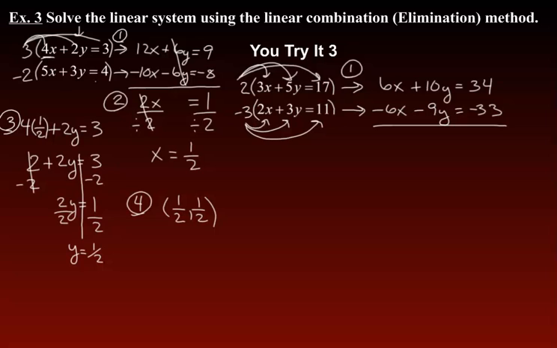So, step 2, we're adding these together. The 6's cancel. 10y plus negative 9y is just y, or 1y, either or. I tend to write mine without the number in front of it. 34 plus negative 33 is 1.